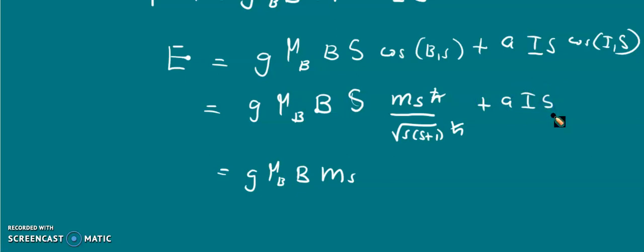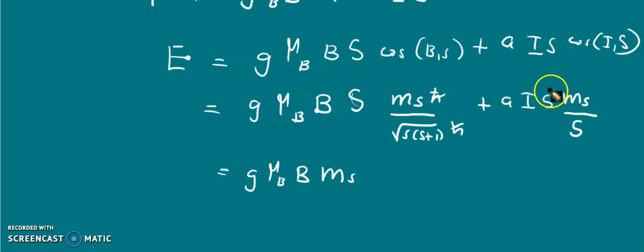So we know that the angle between I and S is the product of the angle between I and B and the angle between S and B. So the angle between I and B is ms by S. So this is actually root of S into S plus 1.